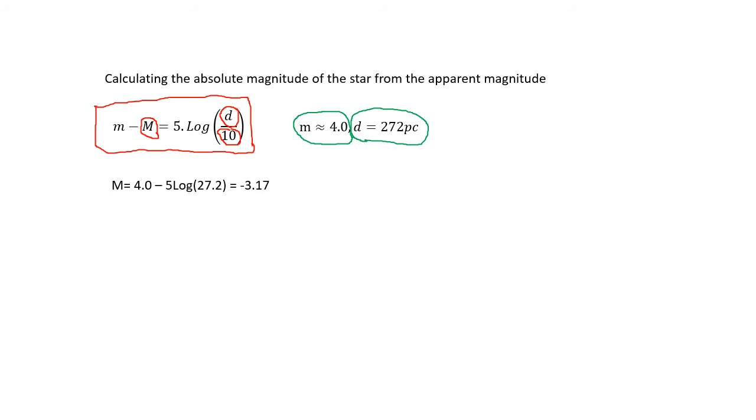Okay, so minus 3.17 is smaller, 7 magnitudes smaller than the apparent magnitude. Why is that? Well, if you move from 272 parsecs away from the star to just 10 parsecs away, then what you find is your star looks a lot brighter, and minus 3.17 as a magnitude is much brighter than 4.